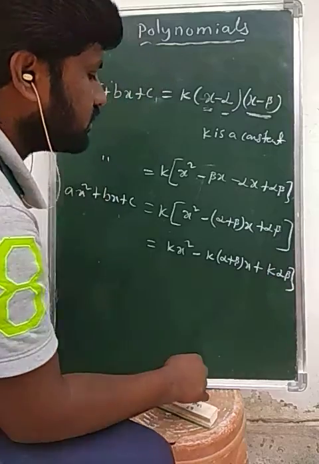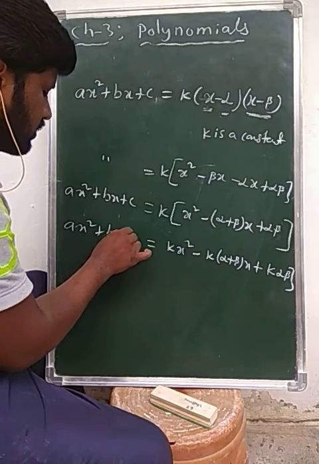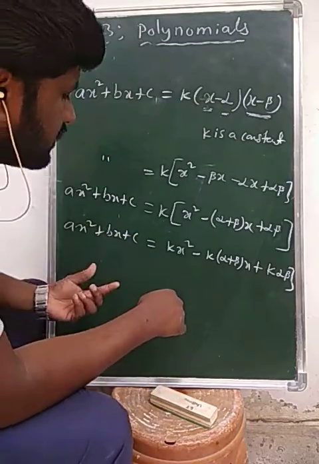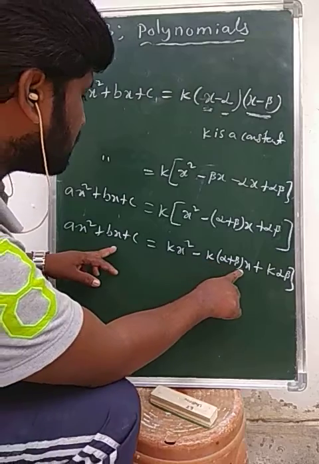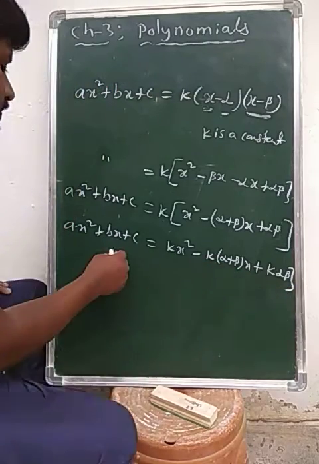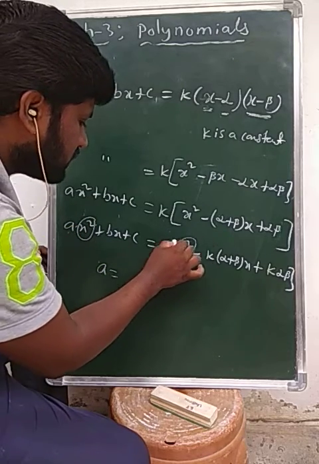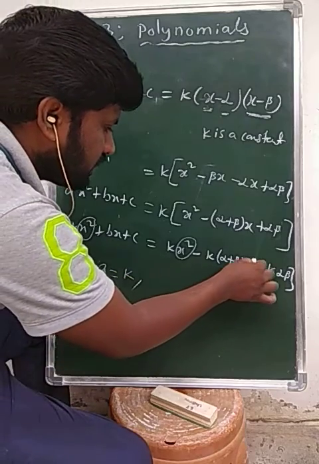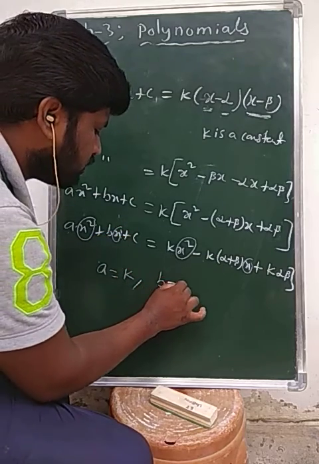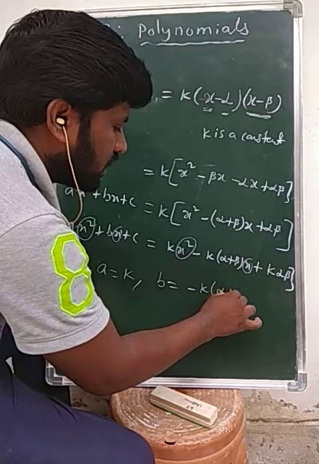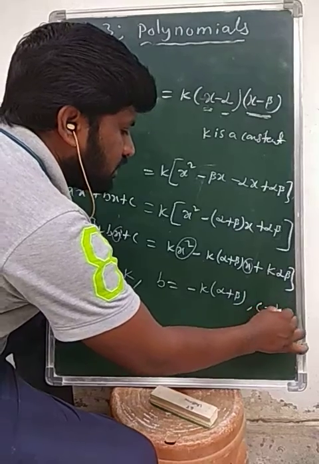So by comparing the coefficients of x square, x and constant term, on both sides, LHS and RHS, the value of a is equals to k, since the x square coefficient is a here and k there. The x coefficient here is b, and we can write b is equals to minus k of alpha plus beta, and here the constant is c, that is equals to k alpha beta.